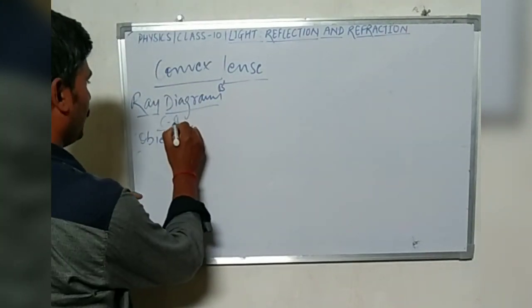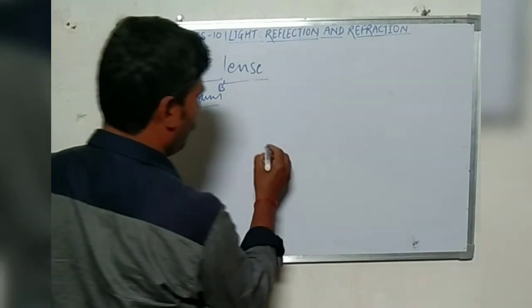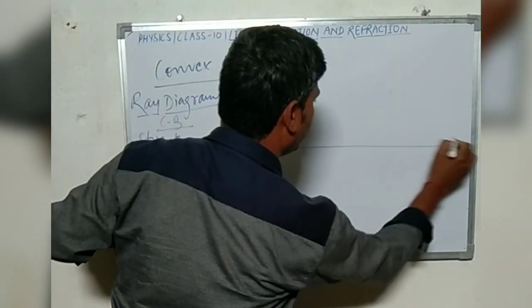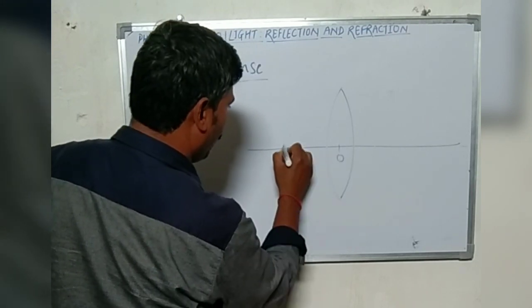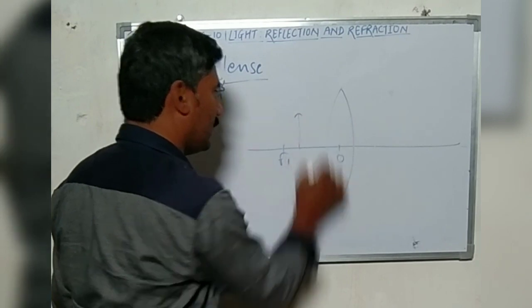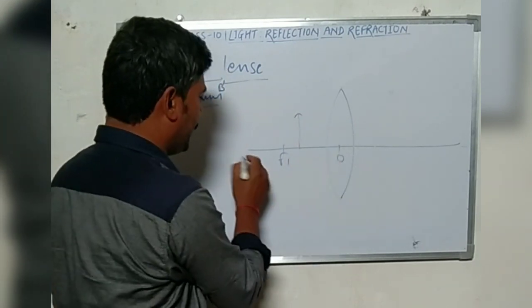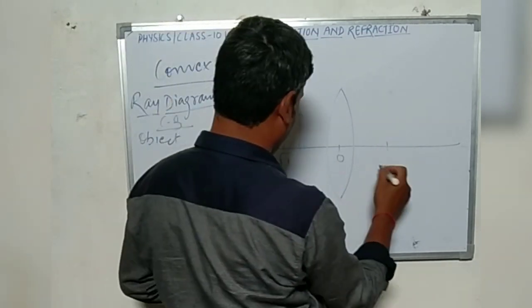So we will slowly move towards case number 5, in which the object is placed between the optical center and F1. What will happen in this case?